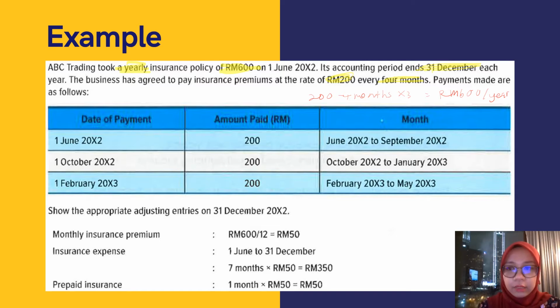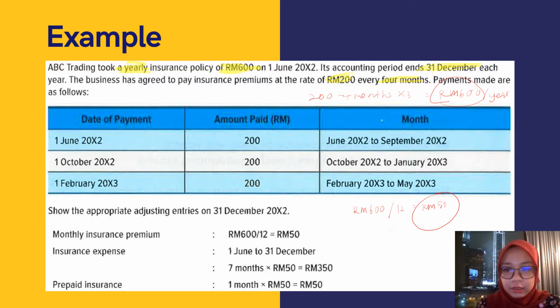And then we have to know the payment for each month. So 600 ringgit divided by 12 gives 50 ringgit per month.